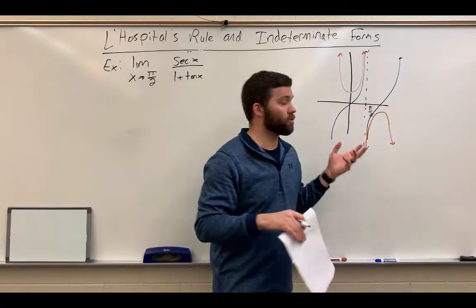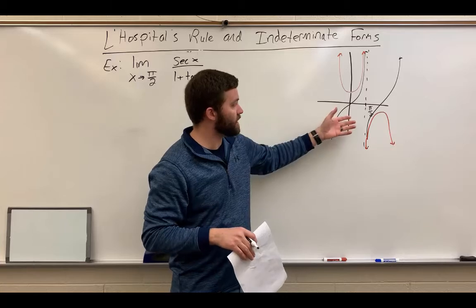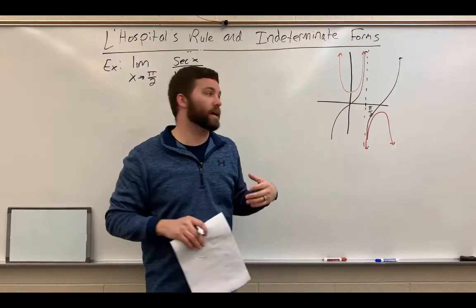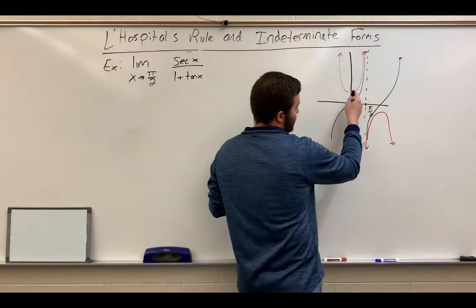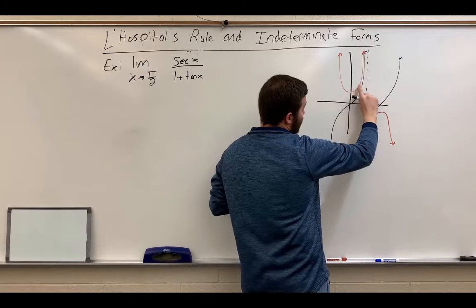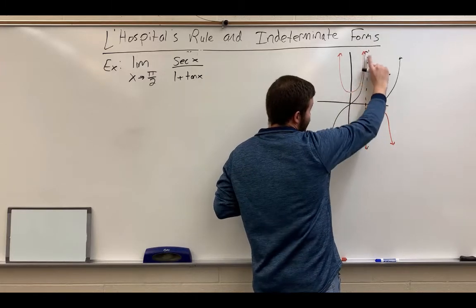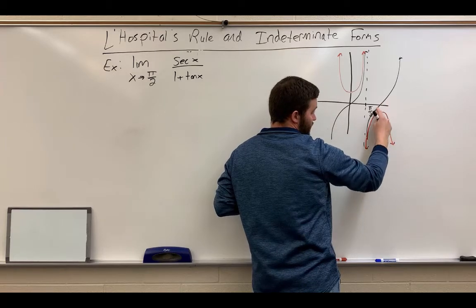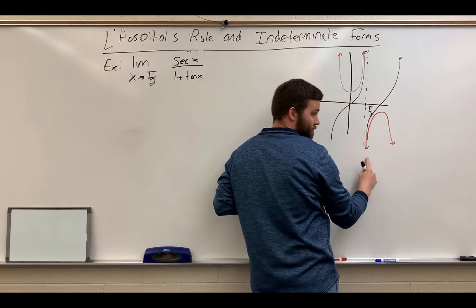So you take a look at the graphs of each. In black, I have the graph of tangent. In brown-ish, I have the graph of secant. And I notice that as I take the left-hand limit, as we approach pi over 2 from the left-hand side, both the secant and tangent go to positive infinity. As we approach pi over 2 from the right, both functions go to negative infinity.